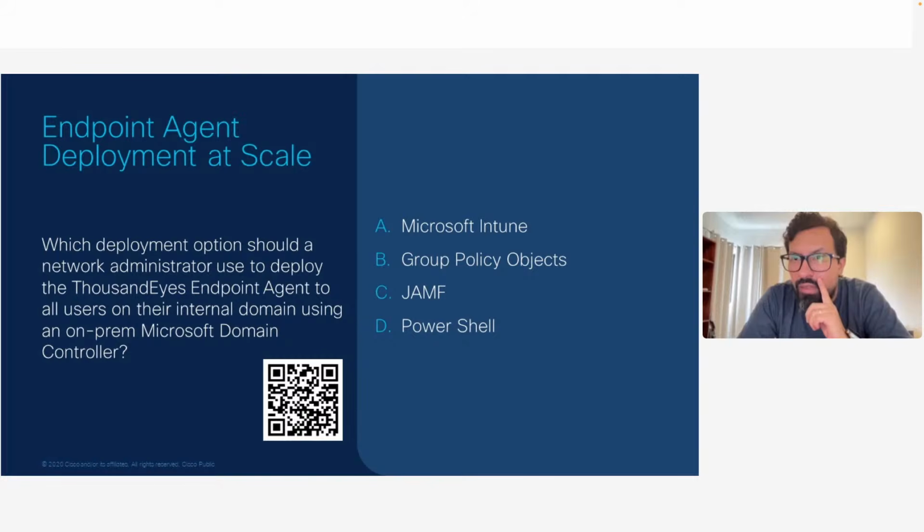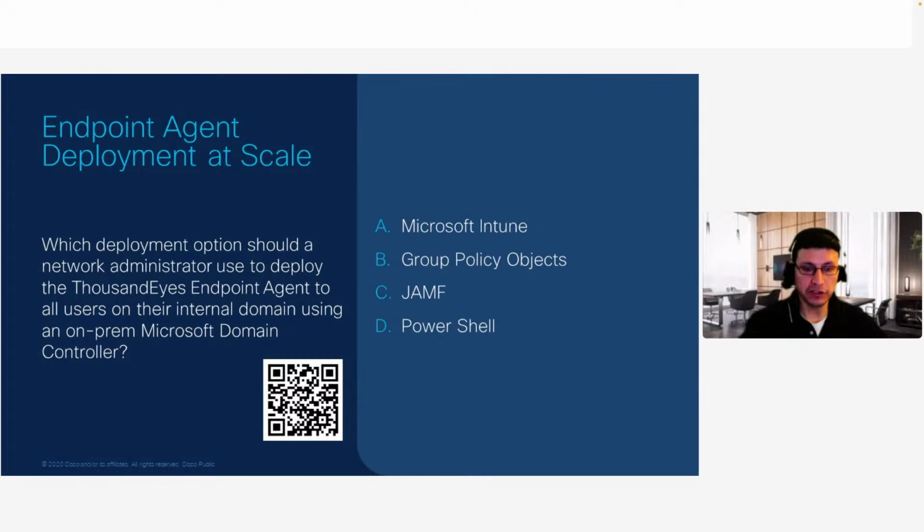Let us know if you have any issues. And also, for those having issues viewing it on the event screen, if you scan the QR code in front of your screen there, that'll also take you to the polling question, and you can answer it through your mobile device as well. So you definitely have that option.